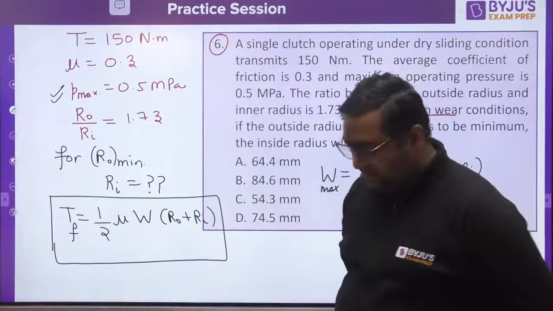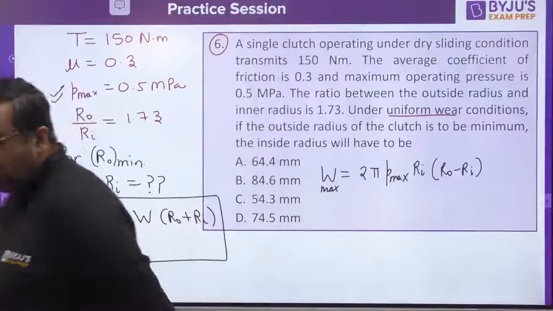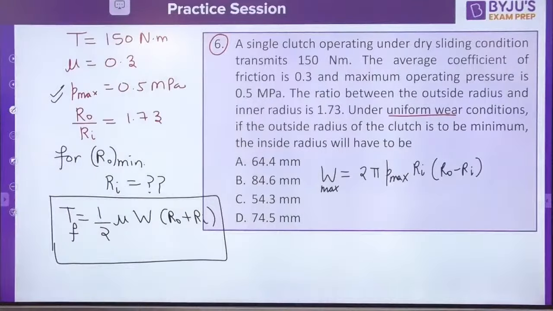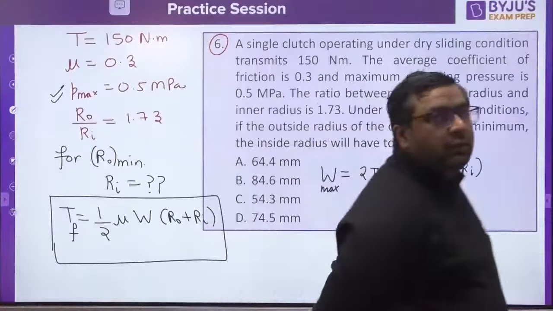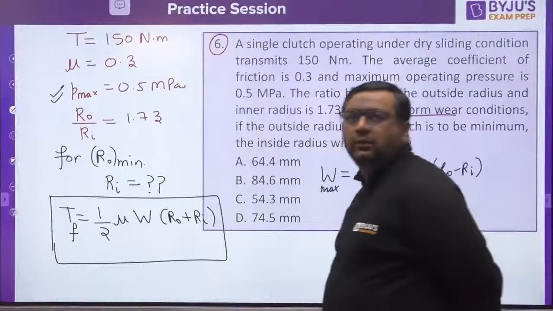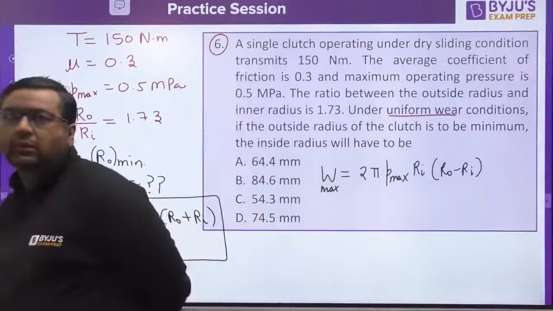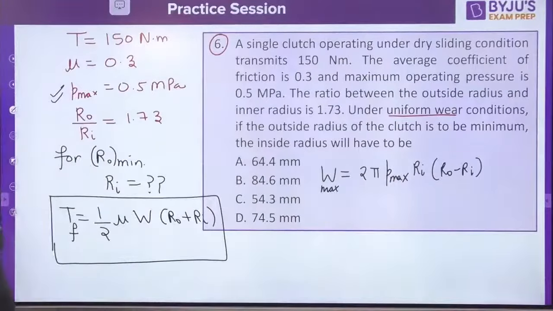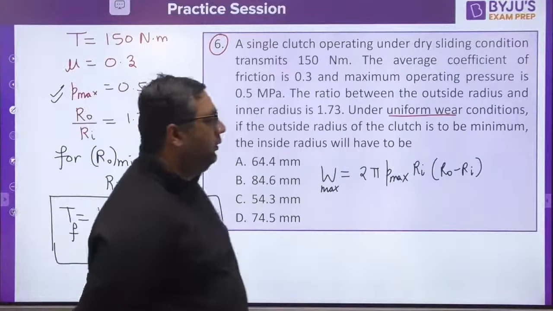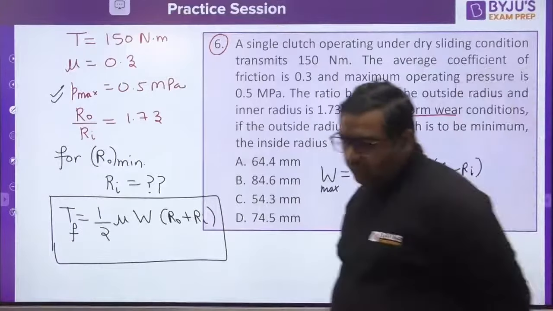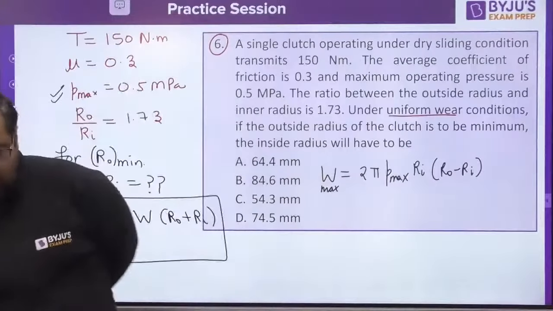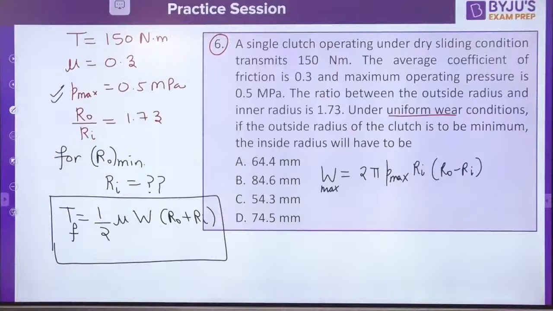Solve it, solve it, solve it. You need to find out RI.